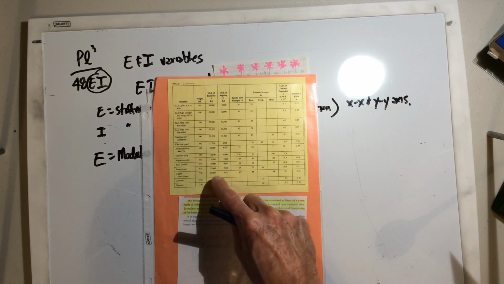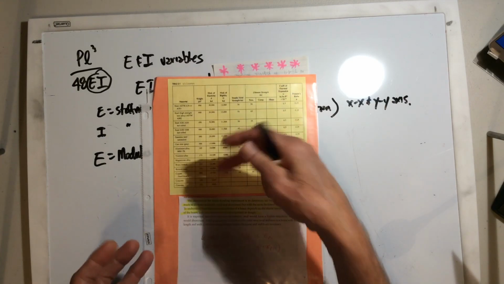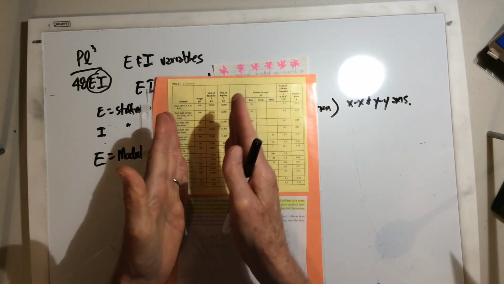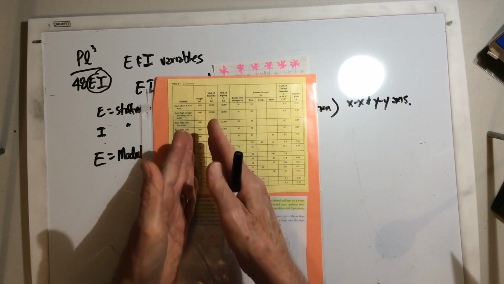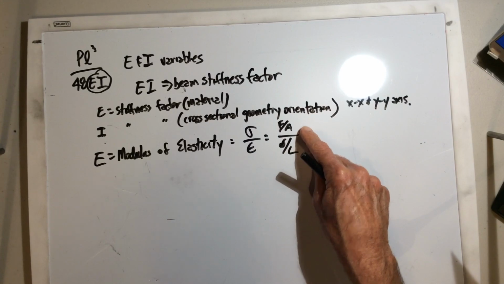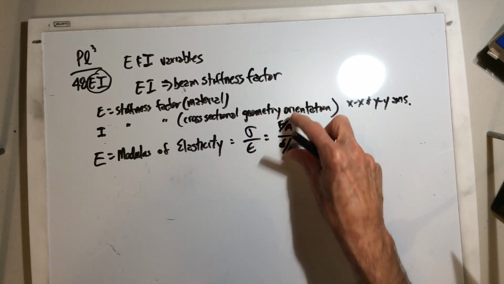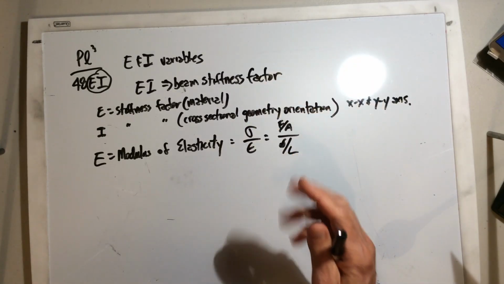Copper is 15,000. So these are the values of E that you can look up, but these values have been obtained from a universal standard tensile test, which you'd be able to do.